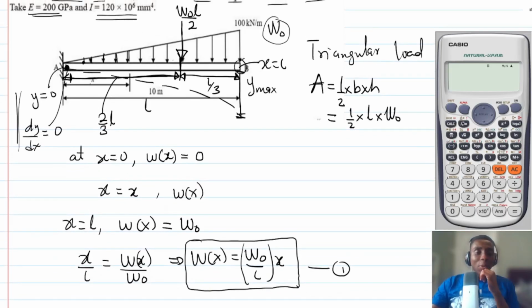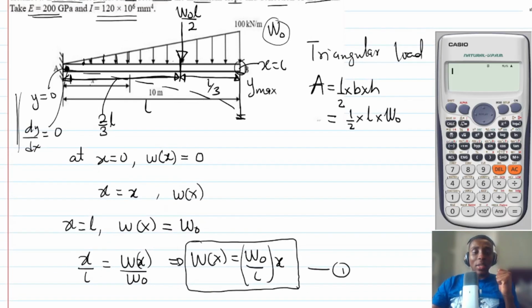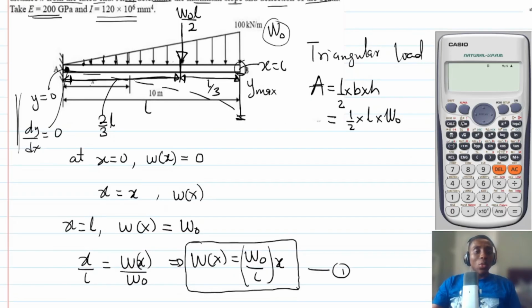So at this point, there is also one thing that we have to do. Let me clean this. I want to make it as straightforward as possible. Whenever you have a fixed support, to be able to take the fixed support away from statics, you have to represent the fixed support by a reaction. So there will be a reaction, and then you realize that there is this load W naught L/2. Therefore, there will be a restraining moment.